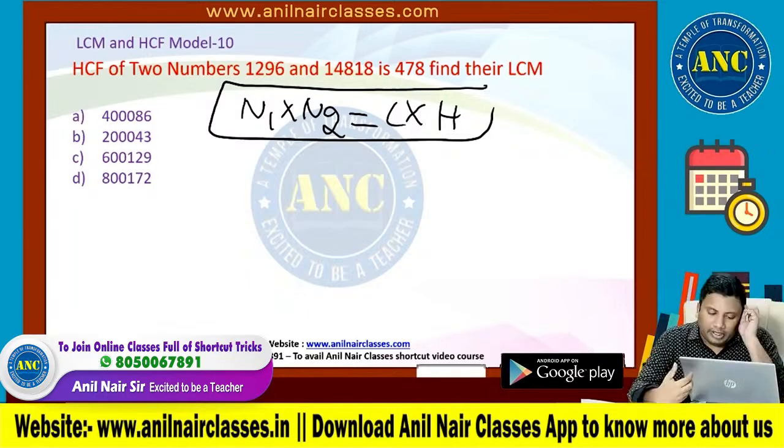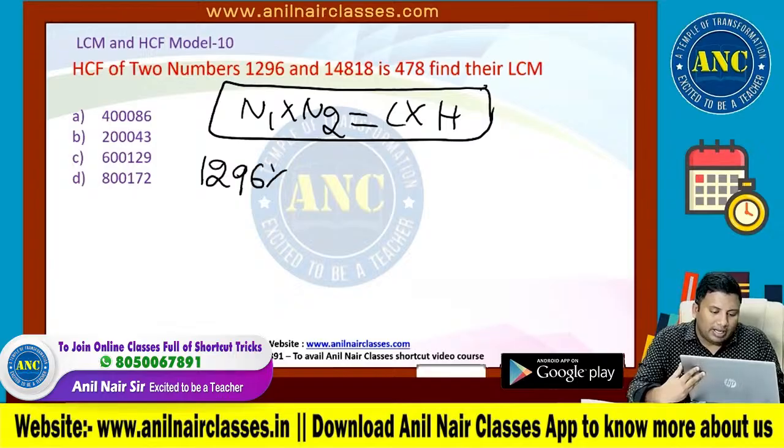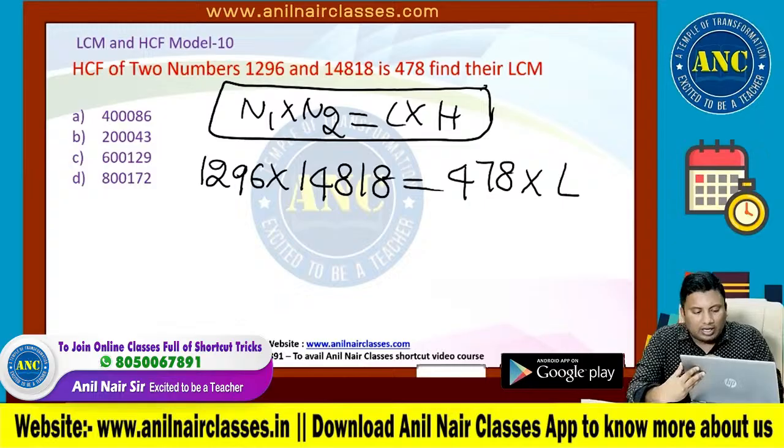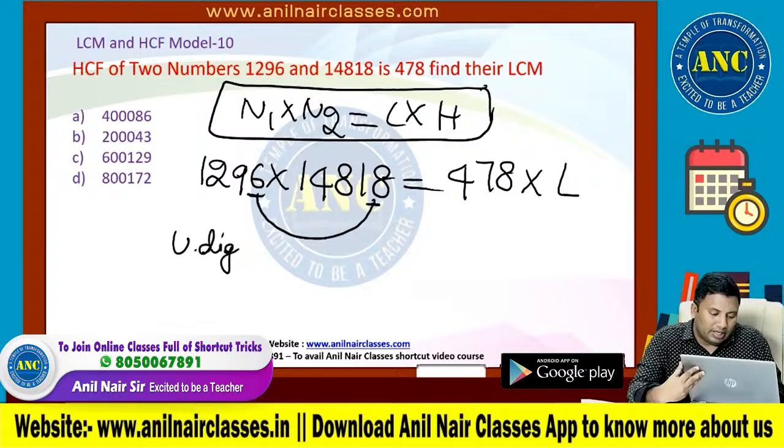N1 into N2 is LCM into HCF. N1 is 1296, into 14818 is 478 is LCM. 6 into 8, 48. Unit digit is 8.